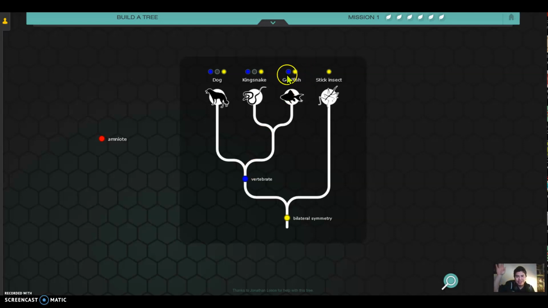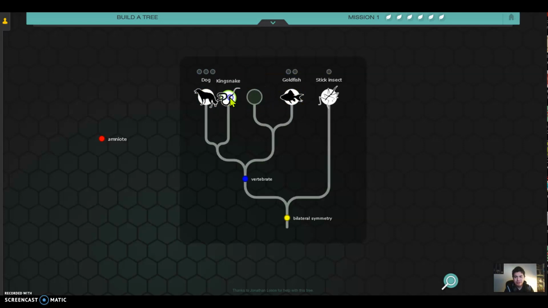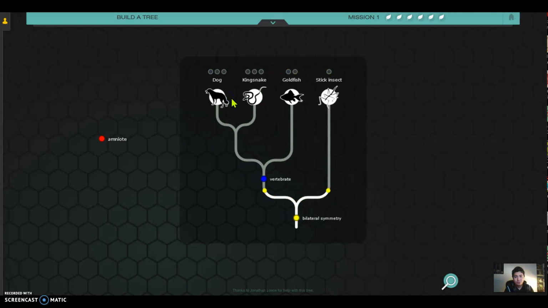They all raised their hand and said, at least these three, yes, I do have vertebrae. I do have a backbone. If you were to see the skeleton of a fish, there's a backbone. A snake, a backbone. A dog, a backbone. And now we can click and drag this over next to the dog. Remember we said dogs and snakes are both amniotes. And there you have it.